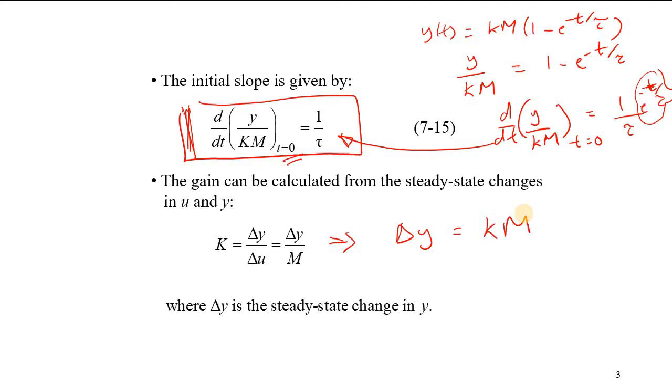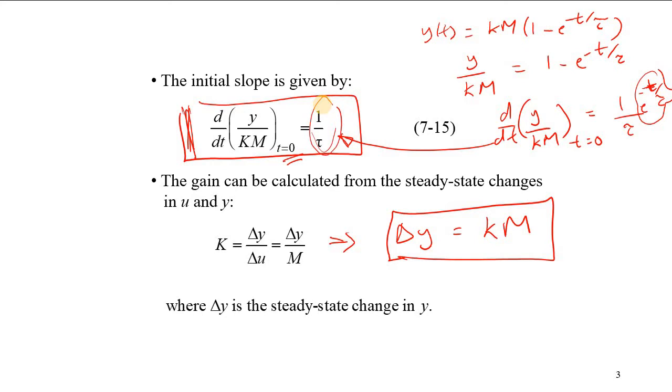So the change of the output is equal to km, and we have a good relationship that we can use here. What we are saying again is that the initial slope is equal to 1 over tau.